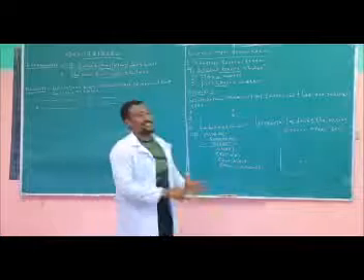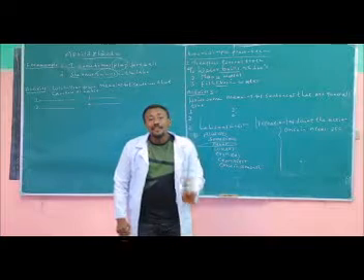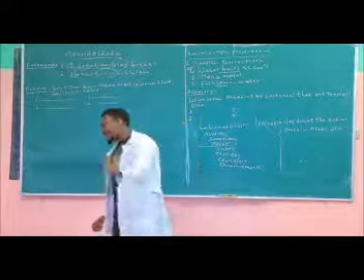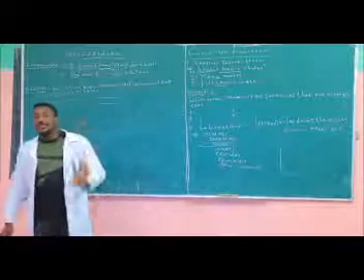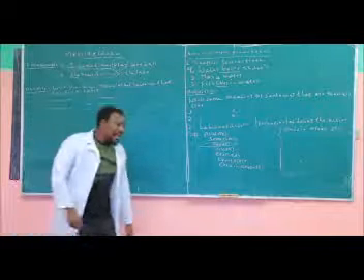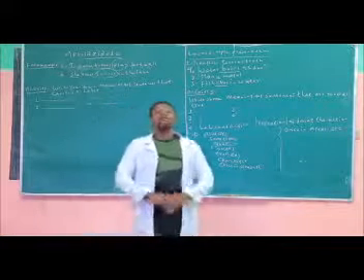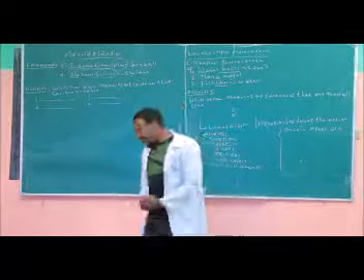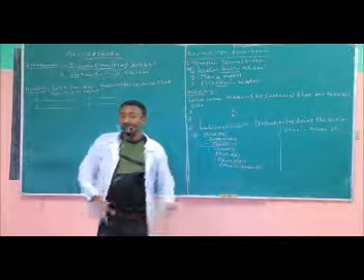After that, uses. The first use that we have seen was expressing general truths. Say it, general truths. Good. General truths means it is a fact all over the world. It's not someone's belief. It's not someone's opinion.